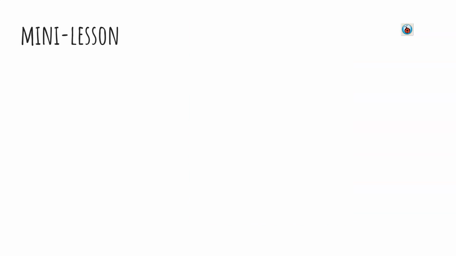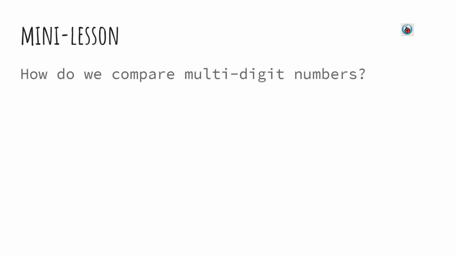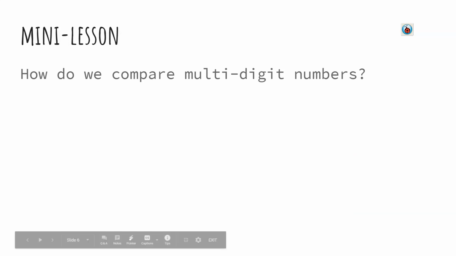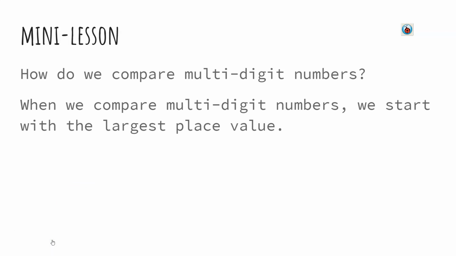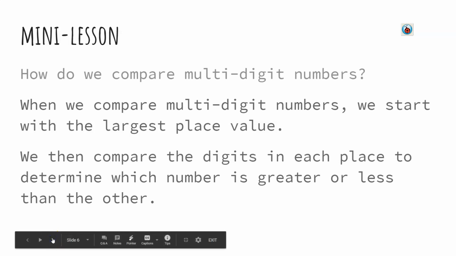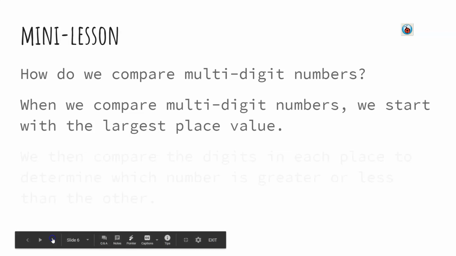Okay, so today I'm going to show you how we can compare multi-digit numbers, okay? So when we do this, we start with the largest place value, and if we have 2 numbers, we're going to compare the digits in the same place in each number, and we're going to figure out which one is greater, which one is less, or sometimes they might even be equal. Okay, that's what I just said, so let's try it.